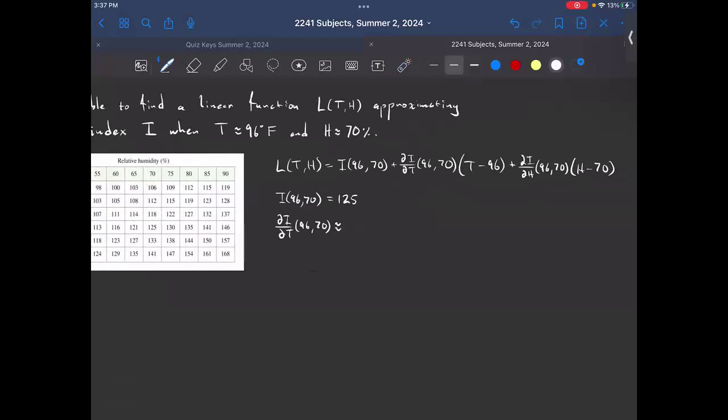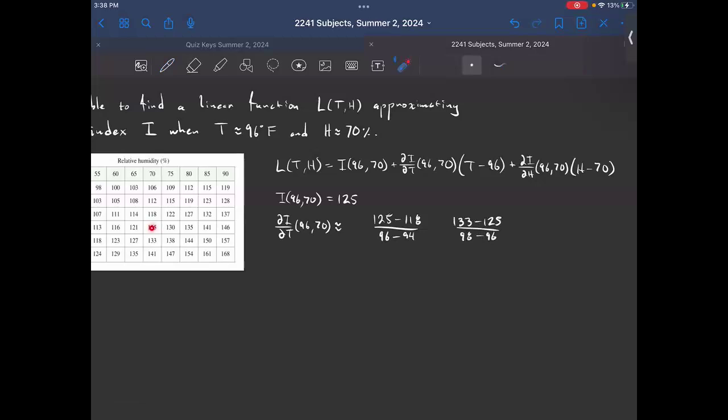Let's write these down. So we've got 125 minus 118 divided by 96 minus 94. And we also have 133 minus 125 over 98 minus 96.